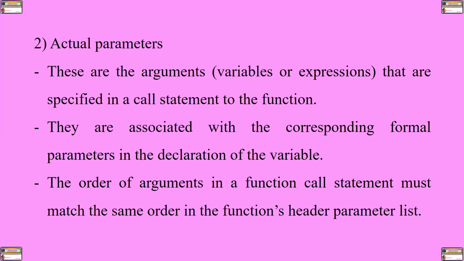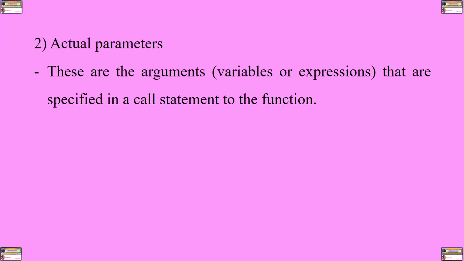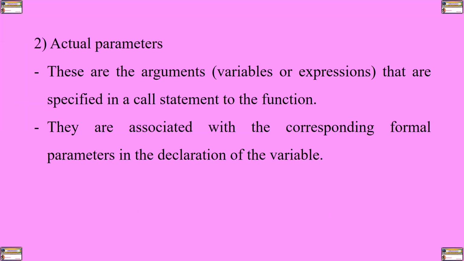My dear students and the rest of the learners, it is important to note that if a function contains formal parameters, because these parameters are a part of a function's header, then that same program must contain actual parameters.